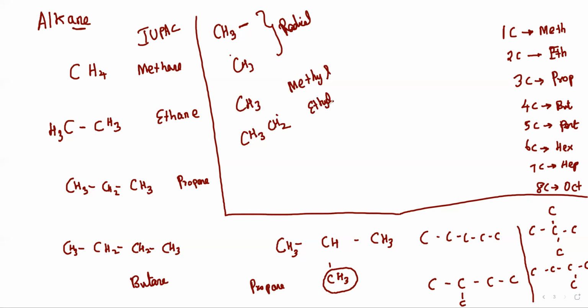It can be written as C2H5 also. And in propane, if you remove one hydrogen, it is called propyl. So for the IUPAC name, the branch is a methyl branch.